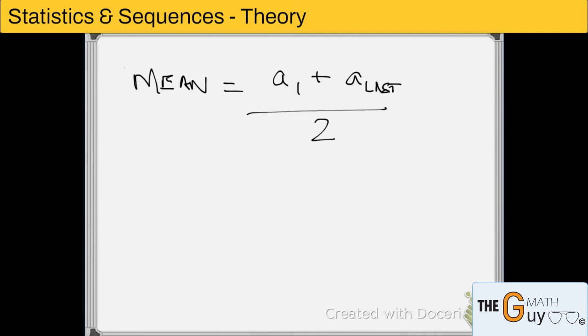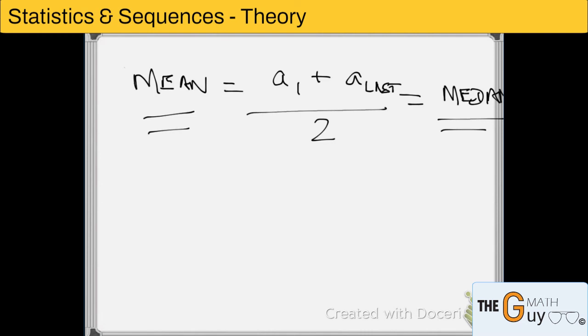Another formula you may want to remember is that the mean of an arithmetic sequence can just be calculated by the sum of any one of these pairs, so the first term plus the last term divided by 2. That's the mean, and this is also equal to the median. Always, okay? So in an arithmetic sequence, the mean and median are always the same. This helps a lot.